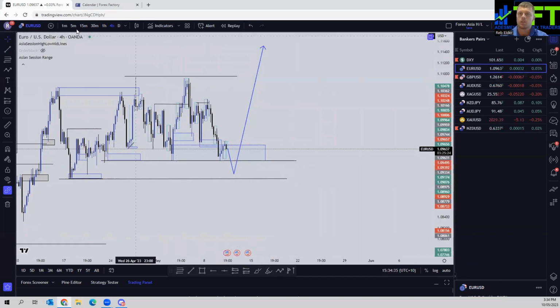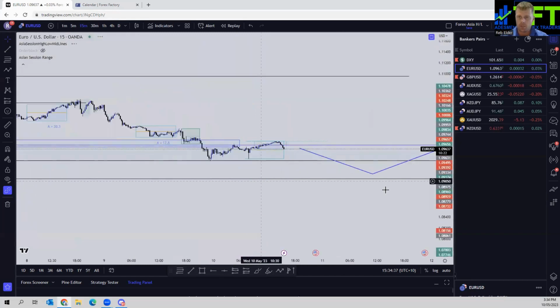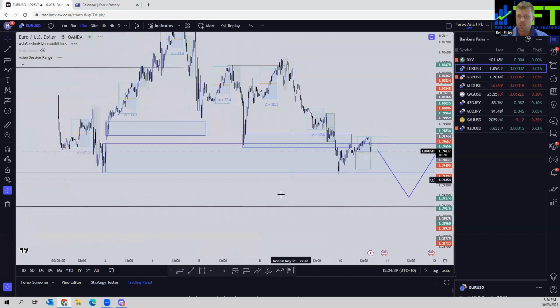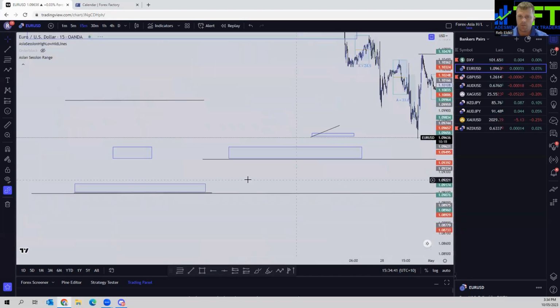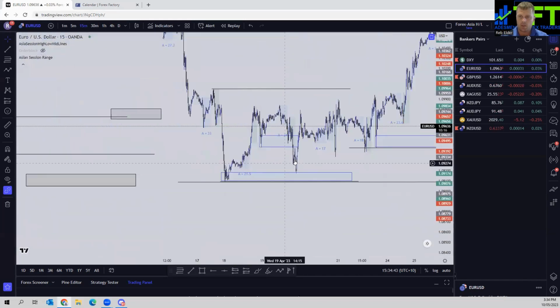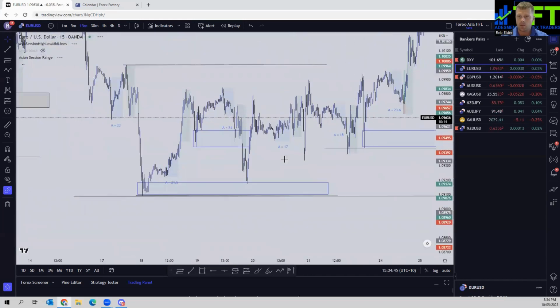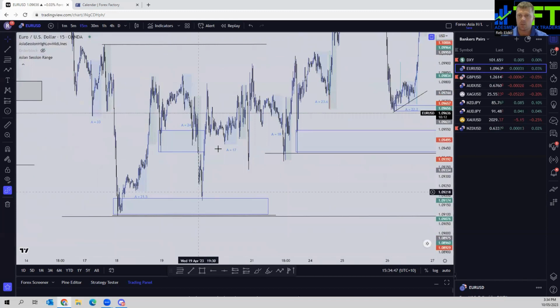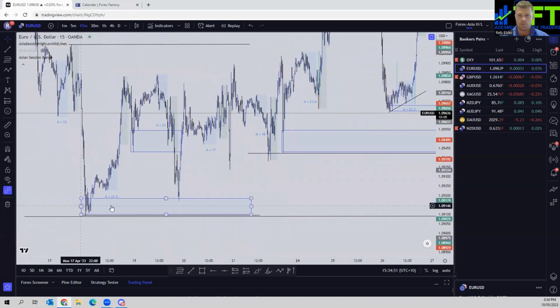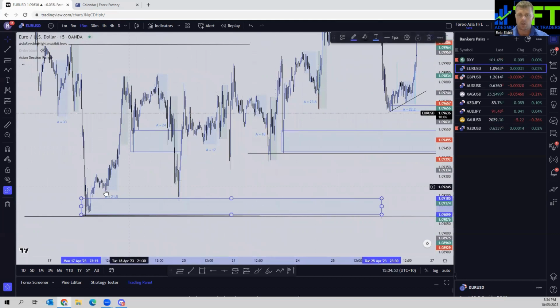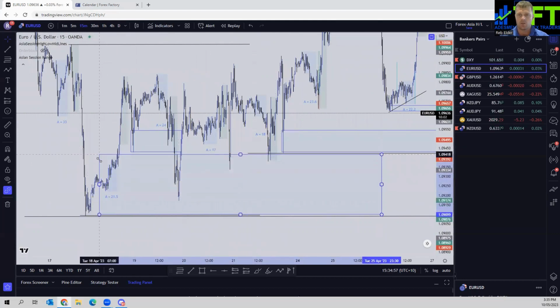And so on the 15-minute, looking at that structure there, if we come over into this area, we can see these were those big wicks on the 4-hour chart. So we're looking for possibly coming down to this area, or realistically anywhere in this zone that hasn't been tapped.